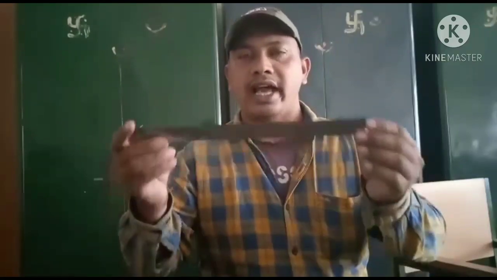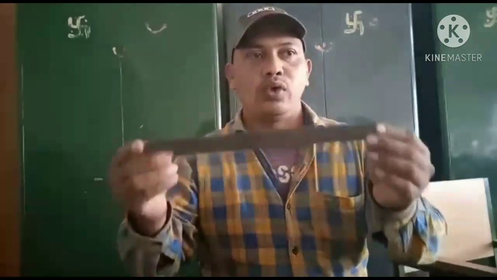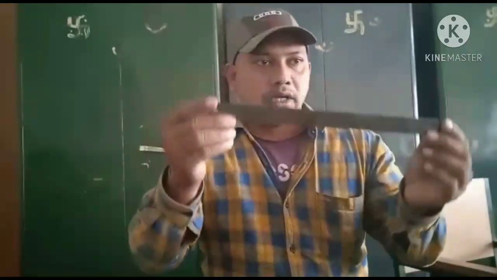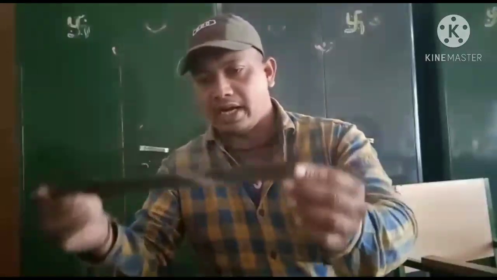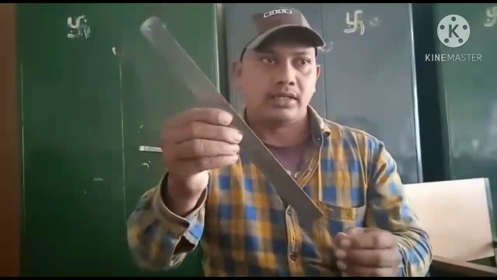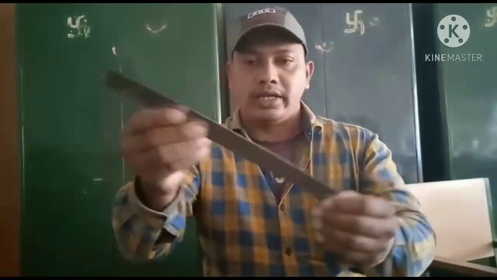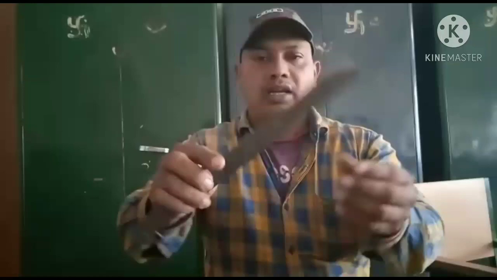Steel rule is a direct measurement tool which is used to measure the length of the job. It is made of stainless steel. Its least count is 0.5 mm and ranges are 150, 300 and 600 mm.